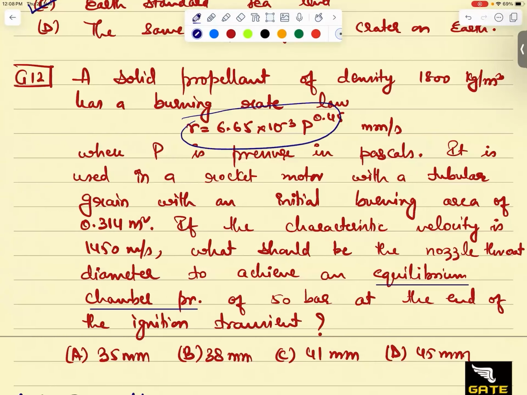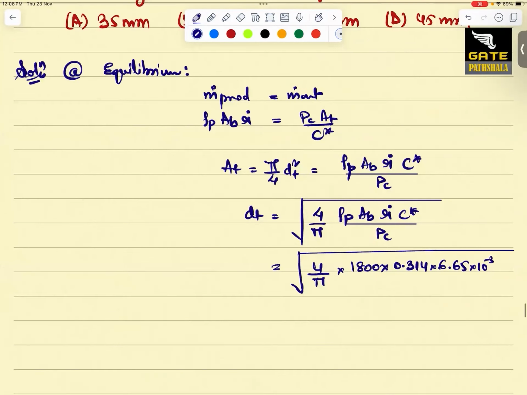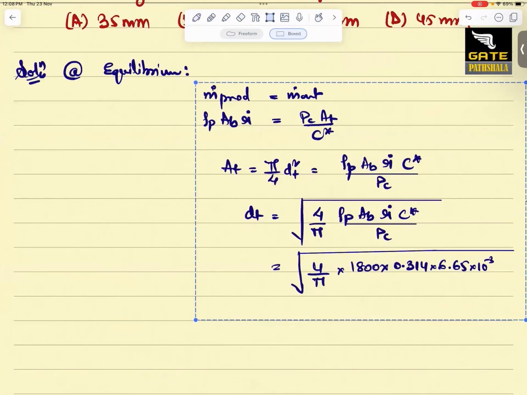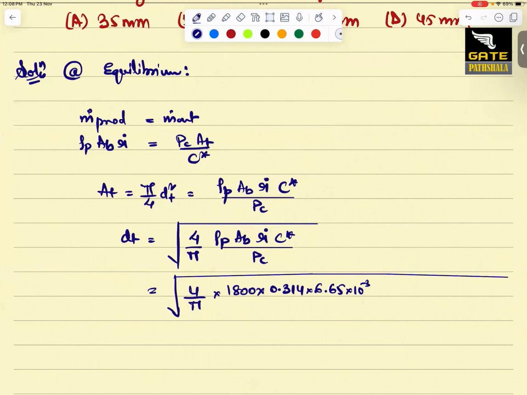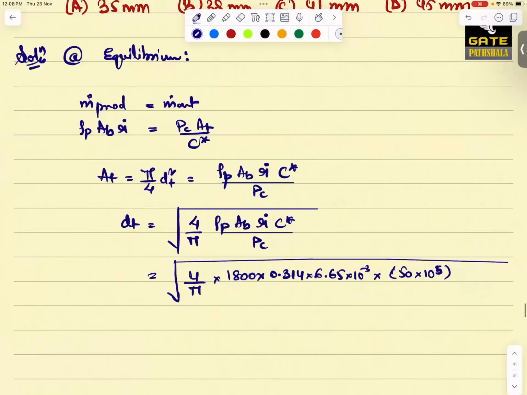In this you should substitute P in Pascal. 6.65 into 10 power minus 3. I'm just dragging this to my left hand side, I need more space. R dot is this into the value of PC, 50 bar, so into 10 power 5 I get it in Pascal, to the power of 0.45.